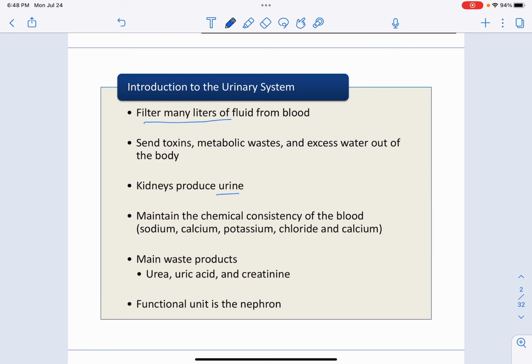All of these ions are going to be normalized in the kidneys. And the main waste products are going to be urea, uric acid, and creatinine. All right. And what I'm going to end up showing you, probably more towards the end of the talk, is that the functional unit of the kidney, the little urine factories, are called nephrons.